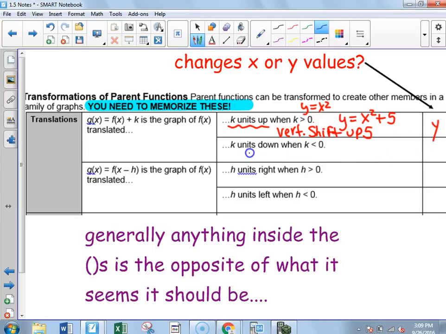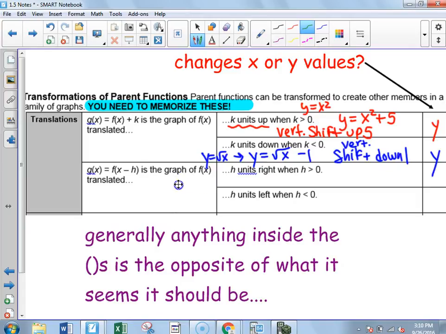If I had something like y equals the square root of x minus 1, what would that do to the square root function? If it became this, it would shift the graph down 1. It is still a vertical shift, guys. If it's going down, what's it changing, x's or y's? Y values.